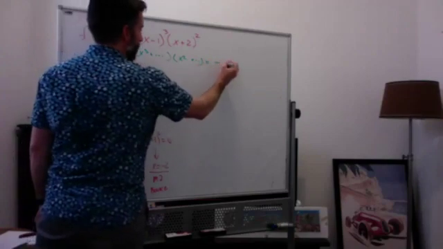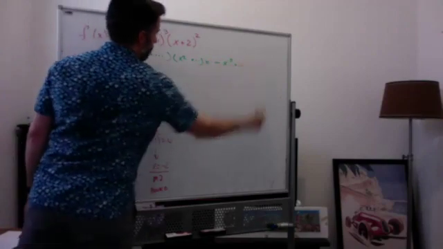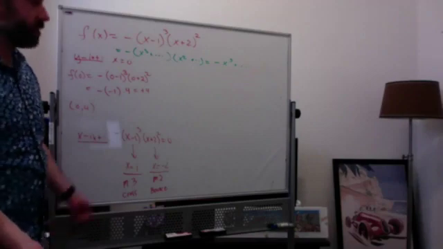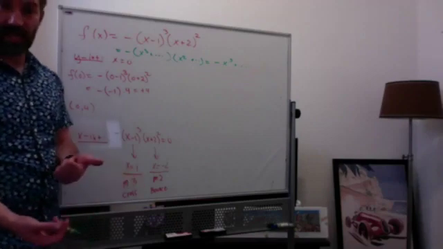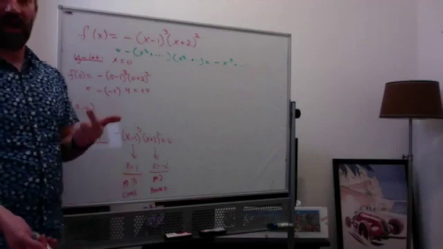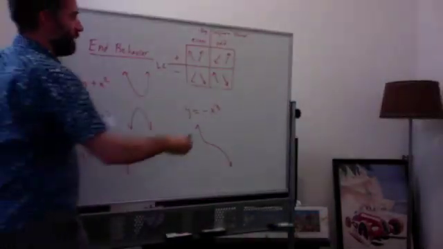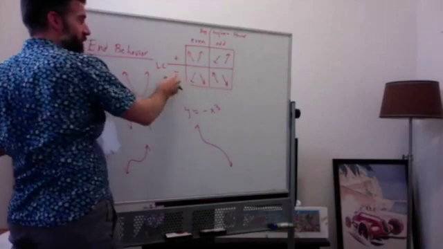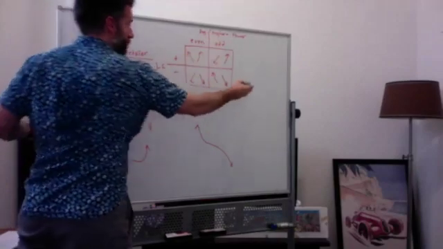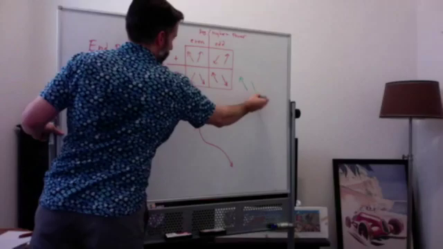So I get a negative x to the 5th and then smaller things. So here I can see that my leading coefficient is negative. My degree is 5, which is odd, which means I'm in the situation where the leading coefficient is negative and the highest power is odd. So it's going to be up on the left and down on the right.